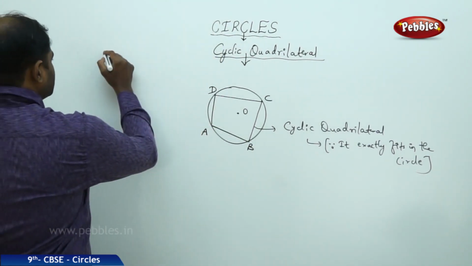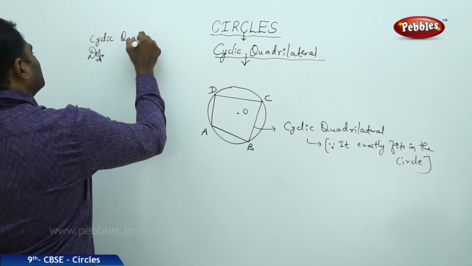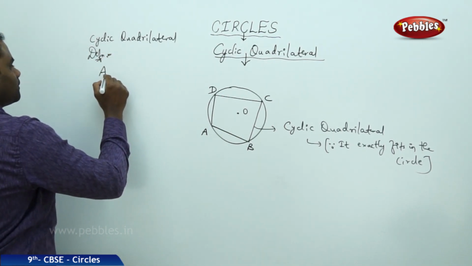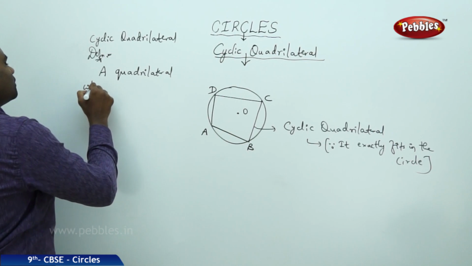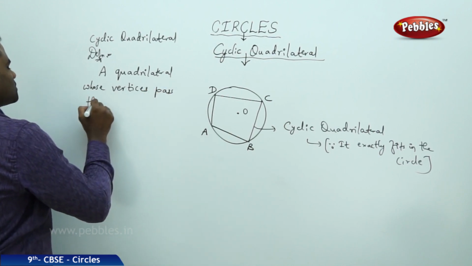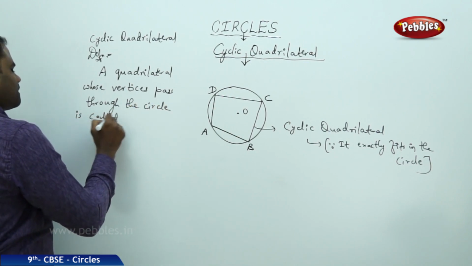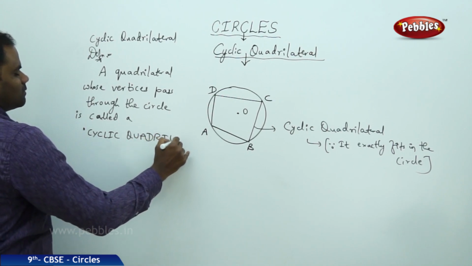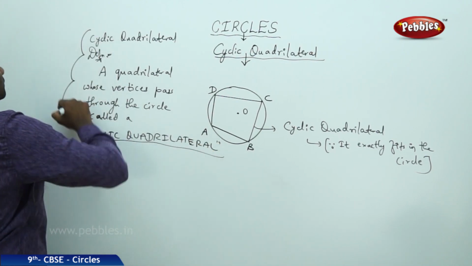So if I take this in a statement, a quadrilateral whose vertices pass through the circle is called a cyclic quadrilateral.